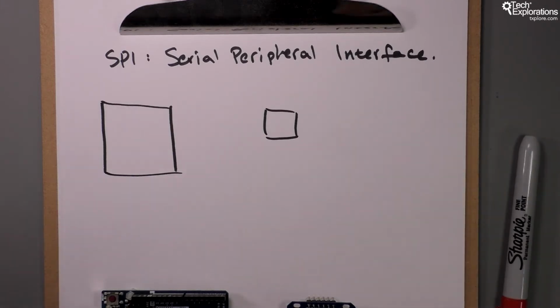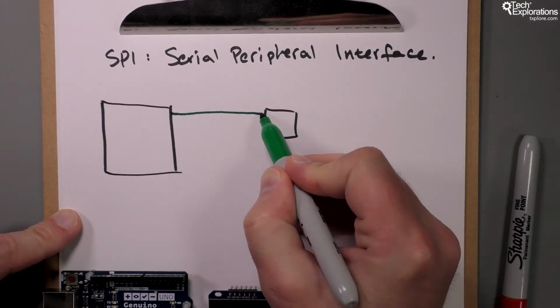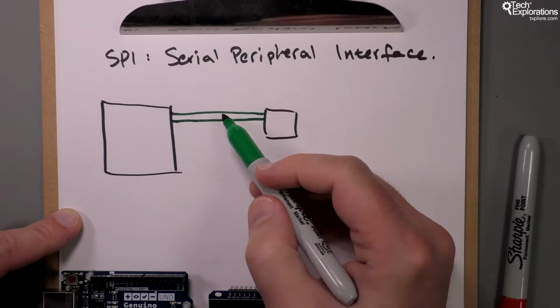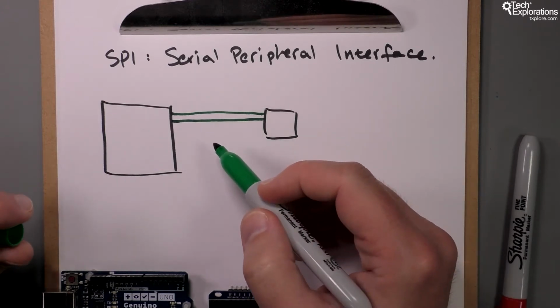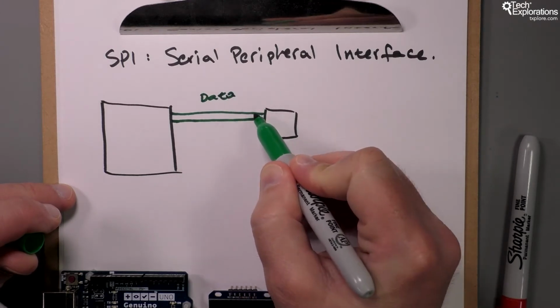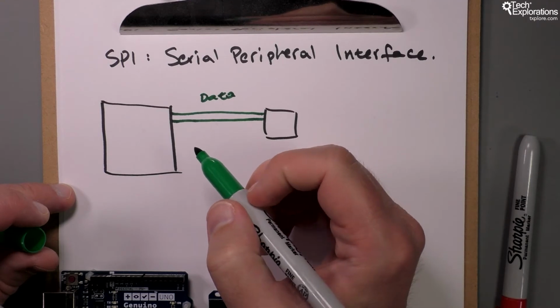So we've got the 2 data lines. I'll make the two green lines represent data. So we've got data going one direction and then data going the other direction. That's how we have full duplex.